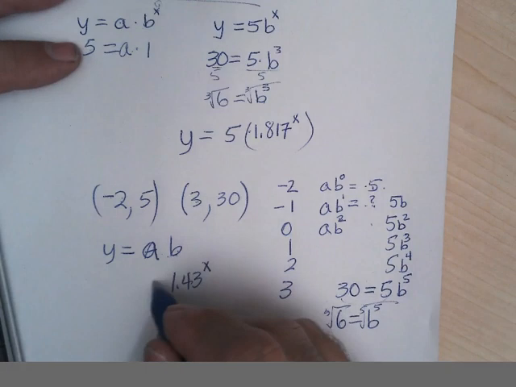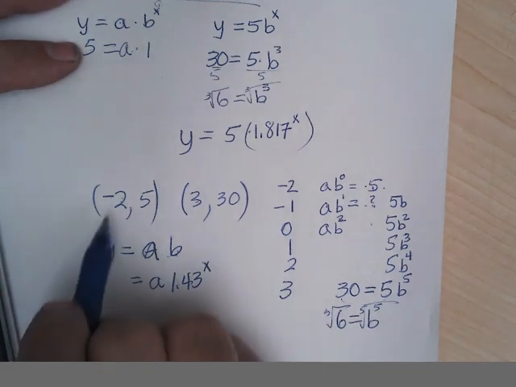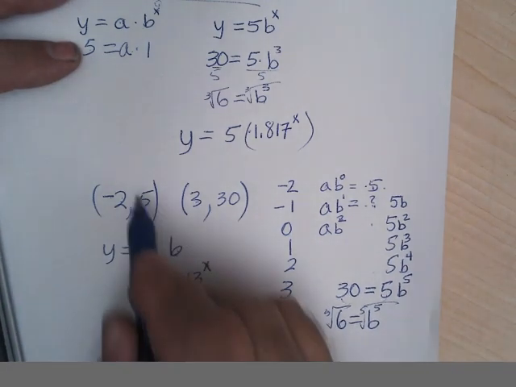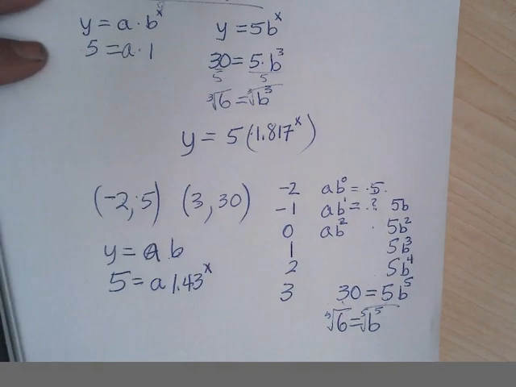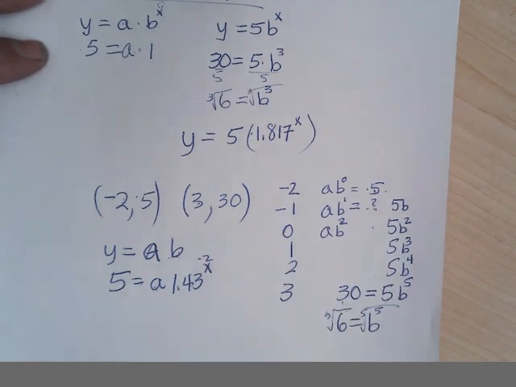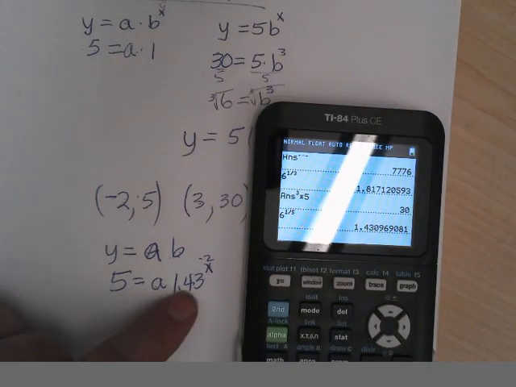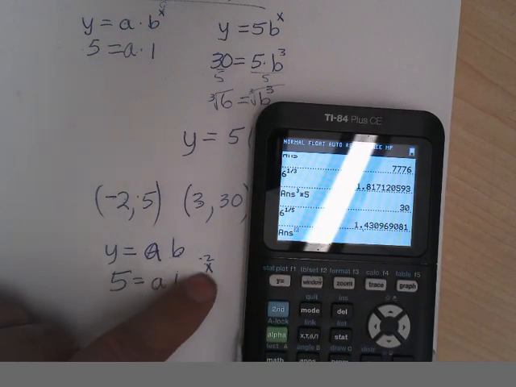2x times some A is supposed to make this work. If I put in -2 for the x, I'm supposed to get 5. So now, if I put in -2, I can figure out what A is. So I'm going to put in this to the -2.